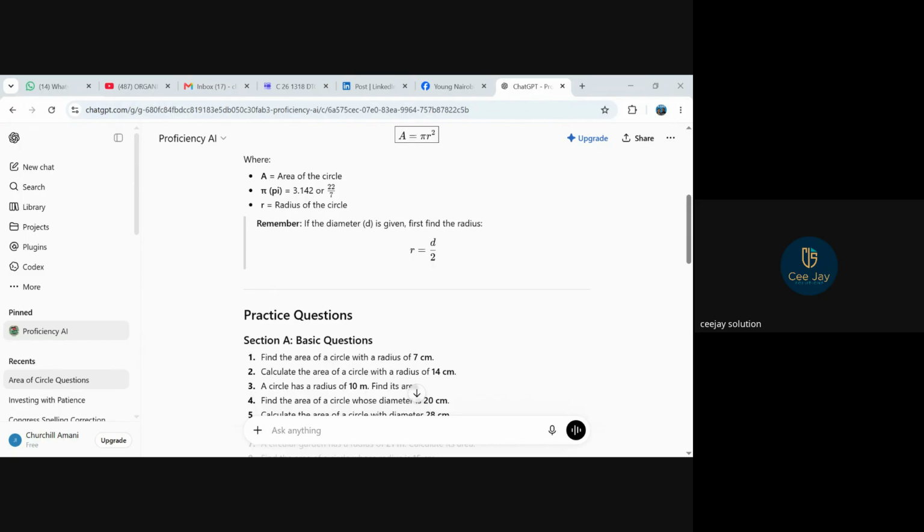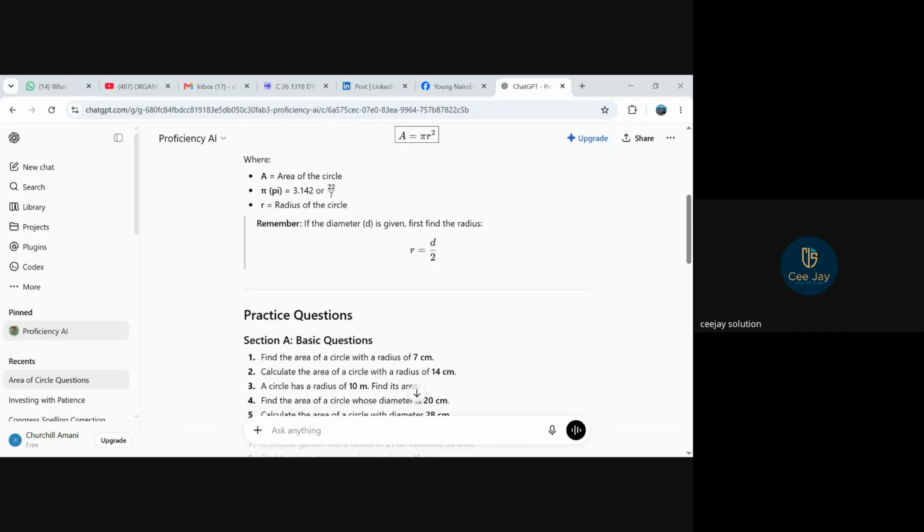So area of a circle is pi r squared. For this one, 3.142, at times you can also say 3.14. It's not compulsory that it must come here.